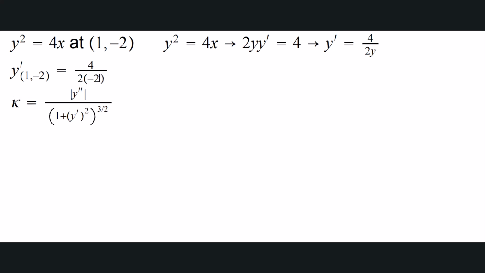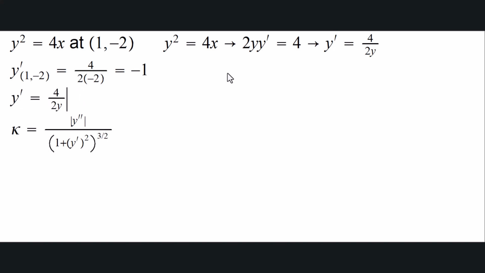Now let's go ahead and calculate our y double prime here. We got y prime equals 4 over 2y. So y double prime will be how much? Negative. We will be differentiating implicitly and also using the chain rule, because here we are differentiating with respect to x.